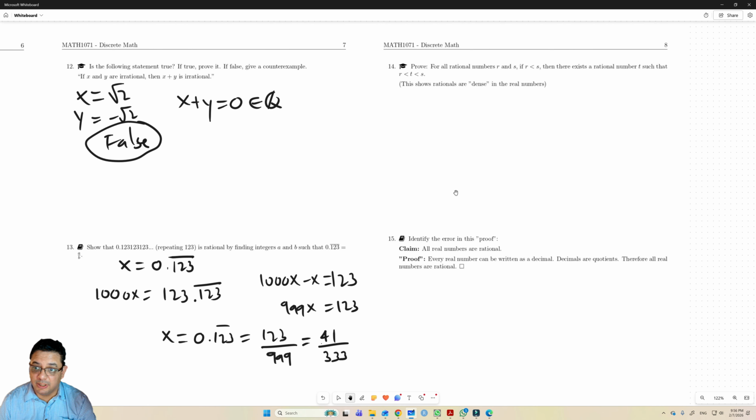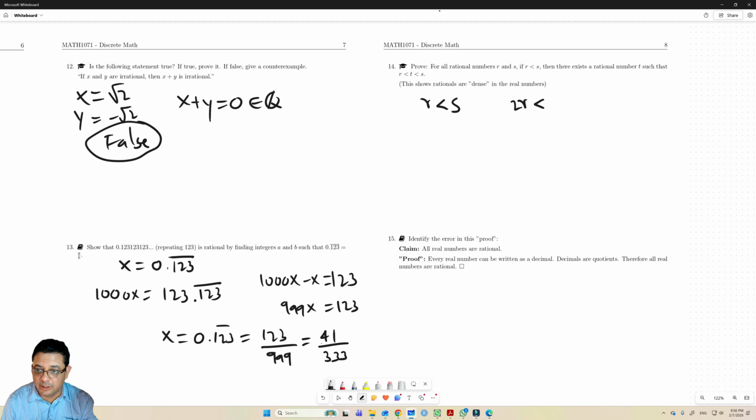For question 14, we want to prove that if we have rational numbers and r is less than s, then there is a rational number between those. We actually proved this very recently, kind of did the same thing that we were doing before, where we just consider that r was less than s, and then we could do the sum, adding r on both sides.